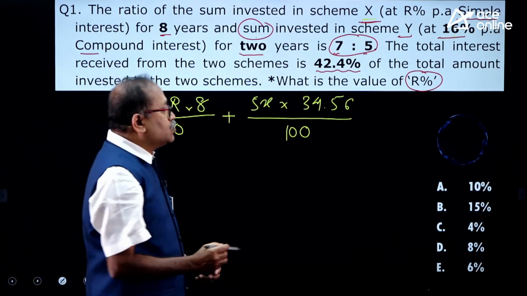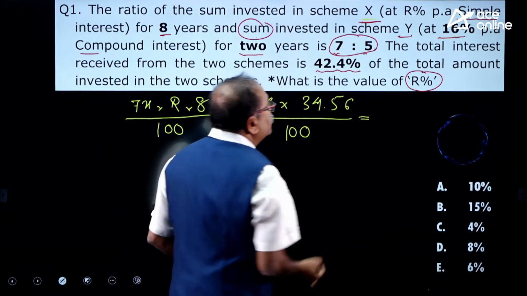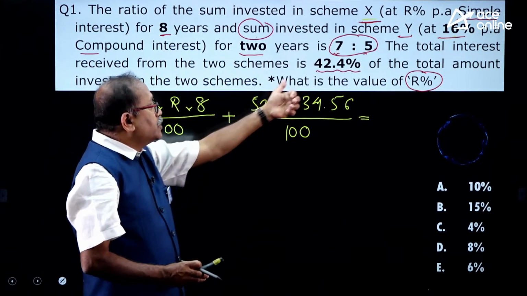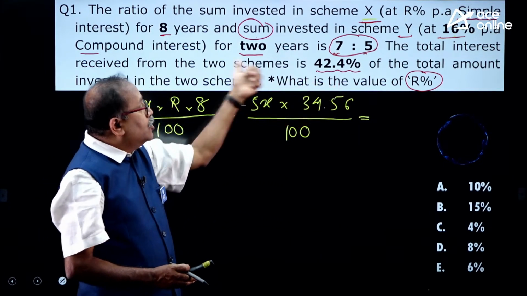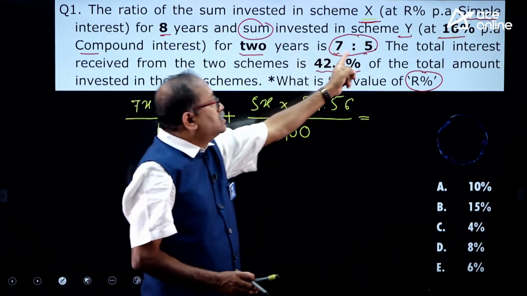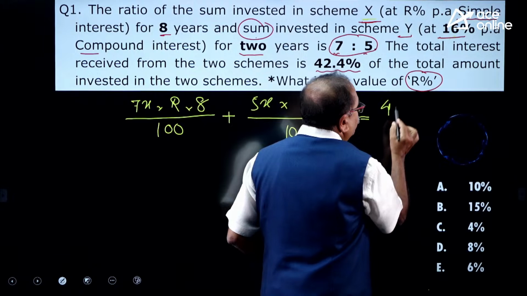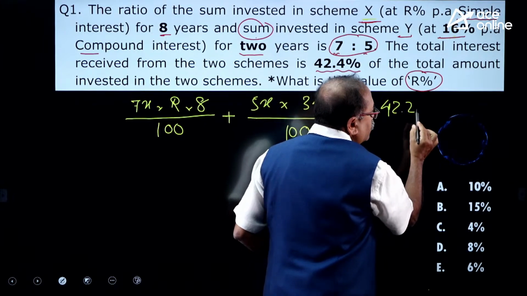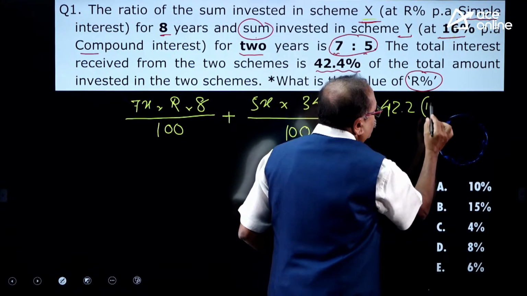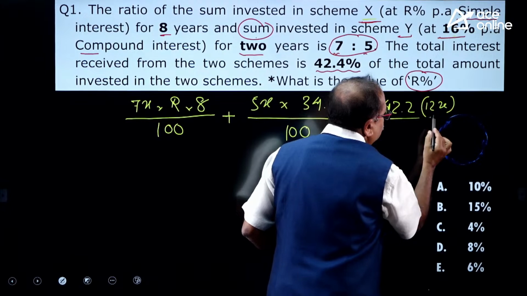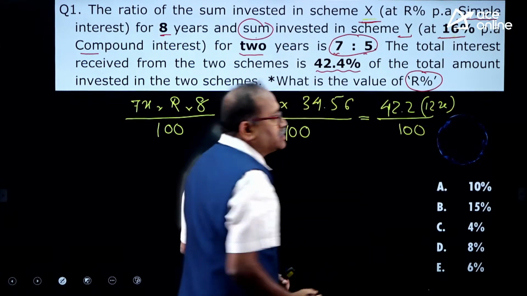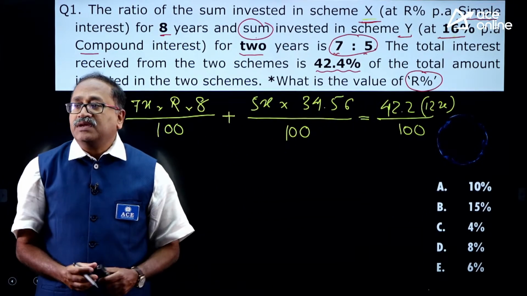When I add up these two, I will be getting what percentage? That is 42.4% on the total 12x, 7 plus 5, 12x. So 42.4% of 12x, that is a percentage, so obviously into 100. That's how we start it.